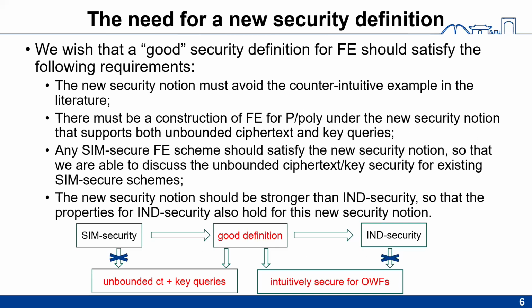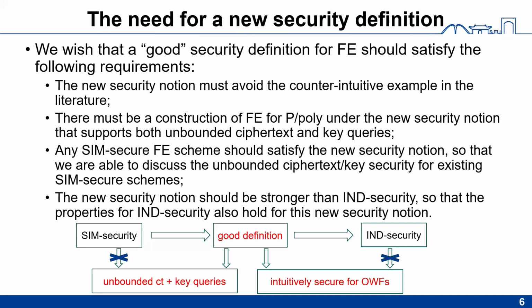So actually, we need a new security definition. We wish that a good security definition for FE should satisfy the following requirements. First, the new security notion must avoid the counterintuitive examples in the literature. Second, there must be a construction of FE for P/poly under the new security notion that supports both unbounded ciphertext and key queries.